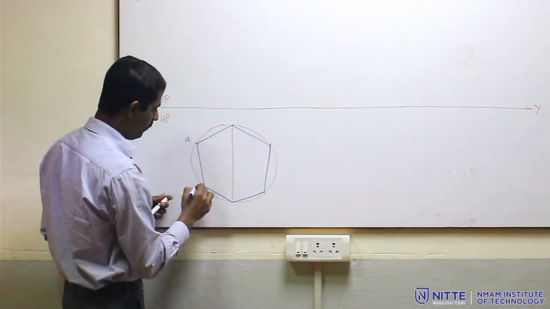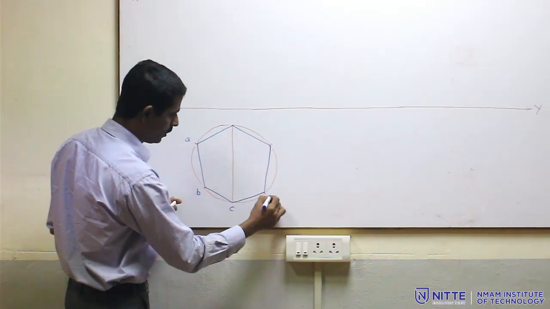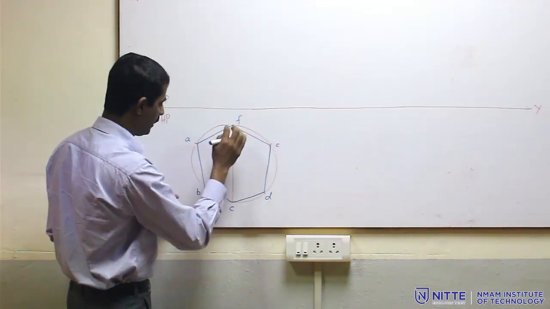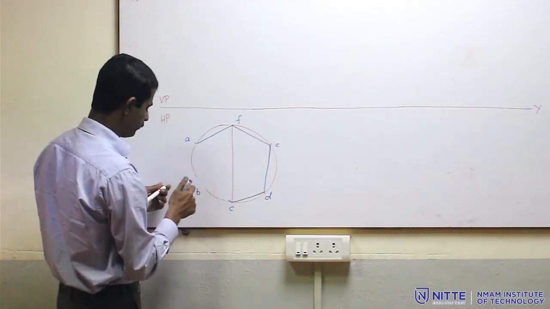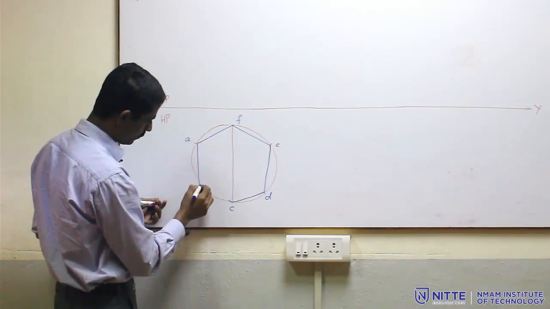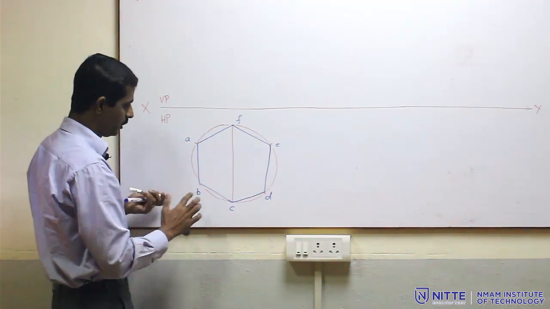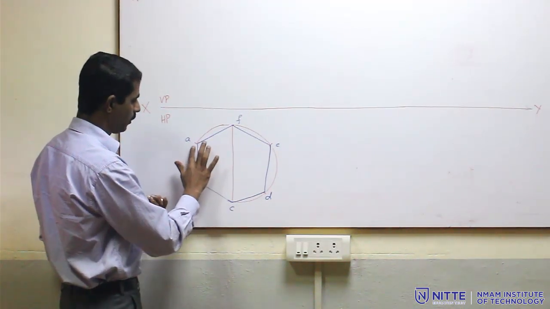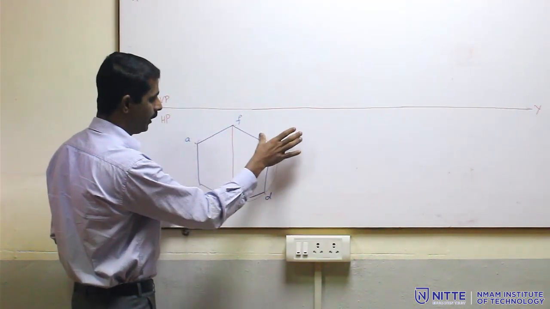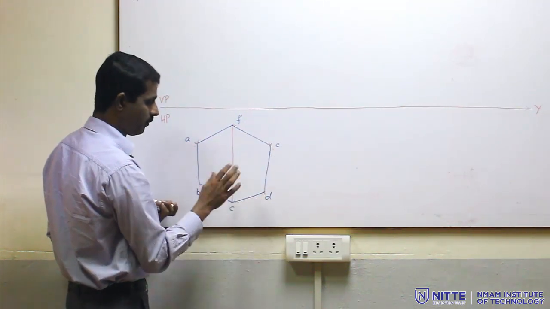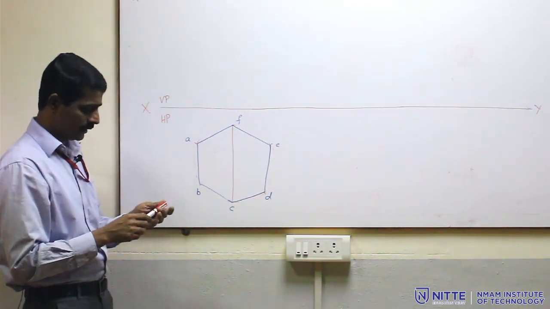If I name them A, B, C, D, E and F, this circle is not at all required, although we can just erase it.